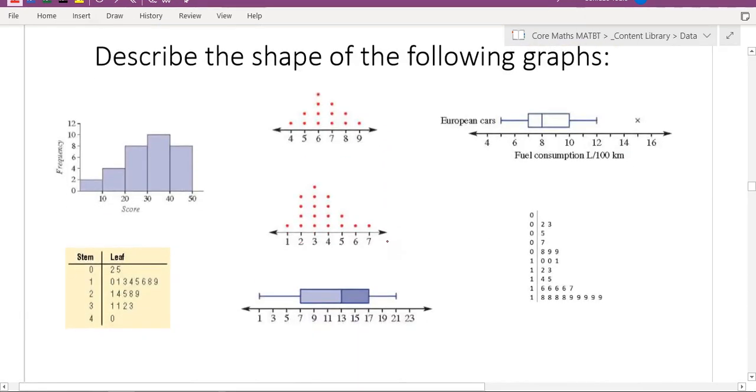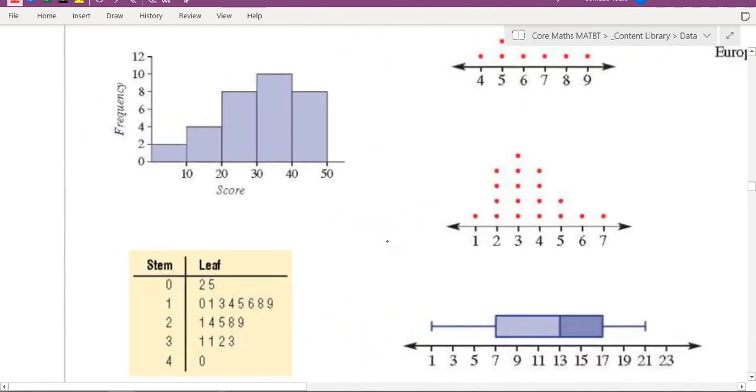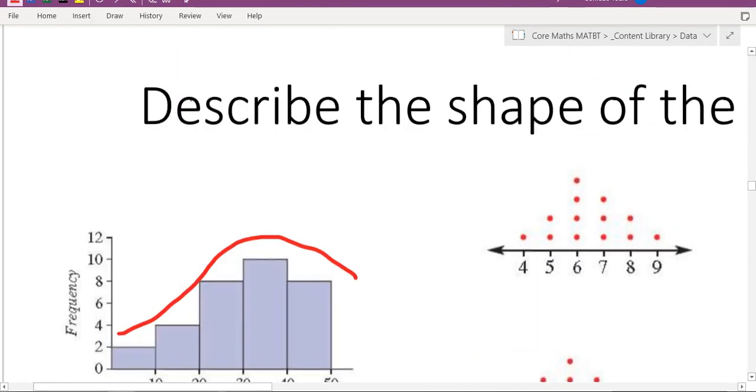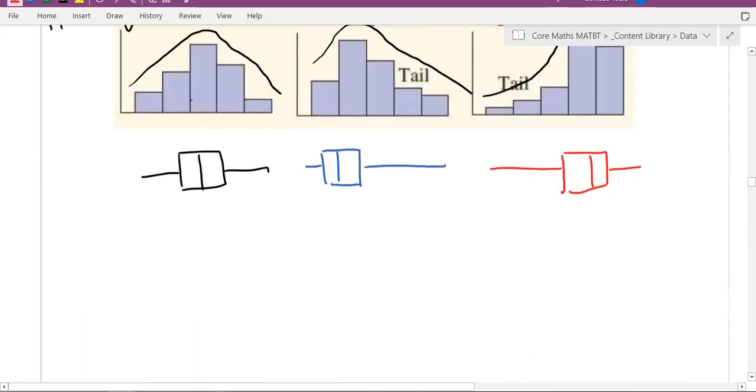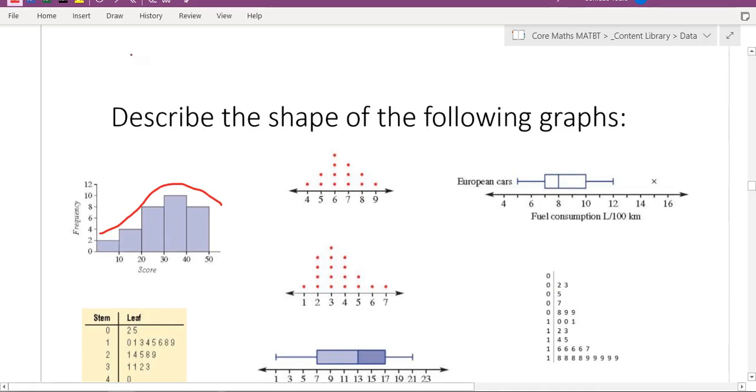So let's describe some of these. I think the answers are given to you. But looking at this graph here, guys. So looking at the way that it forms, it starts low, then it goes up, and it comes down. So what's the skew for this? What's the skew? So if you look at the skews, yeah, so it starts low, then it goes up, so it should be negatively skewed.